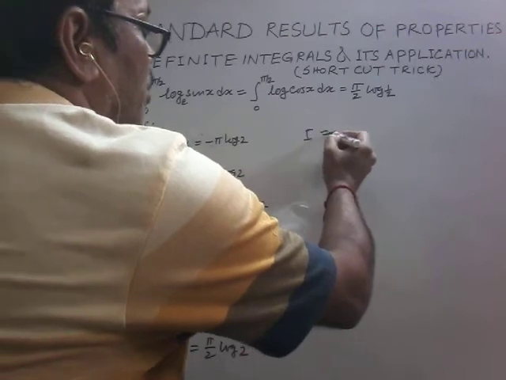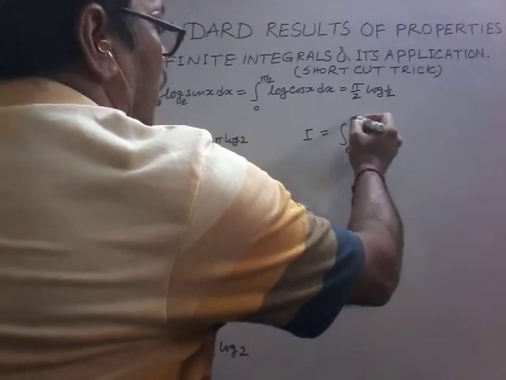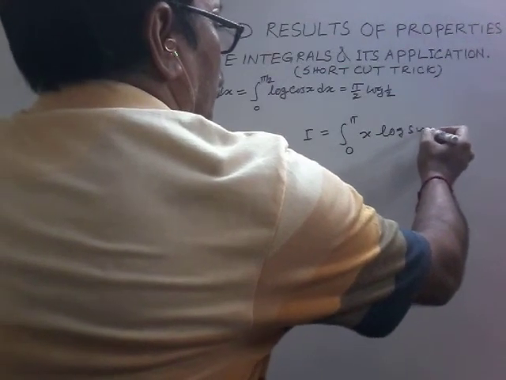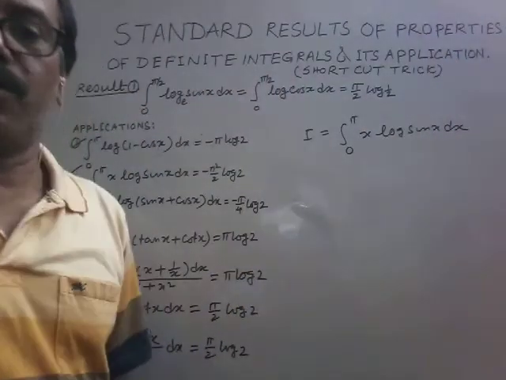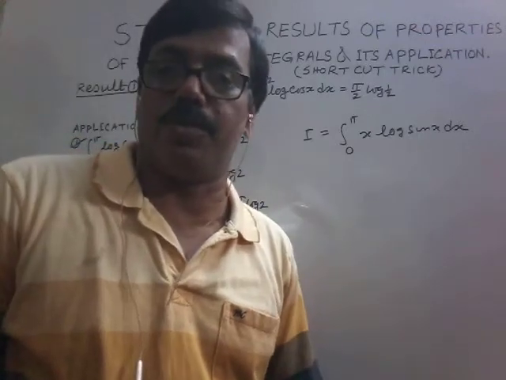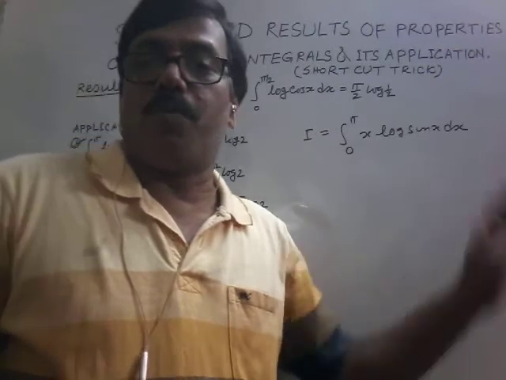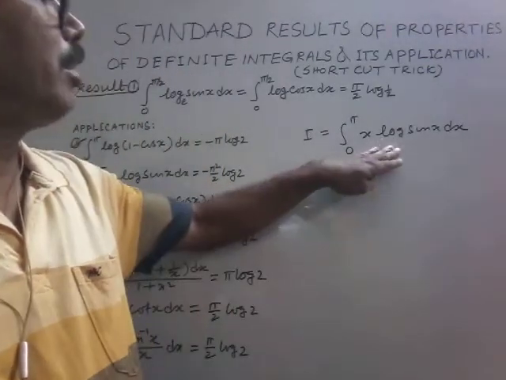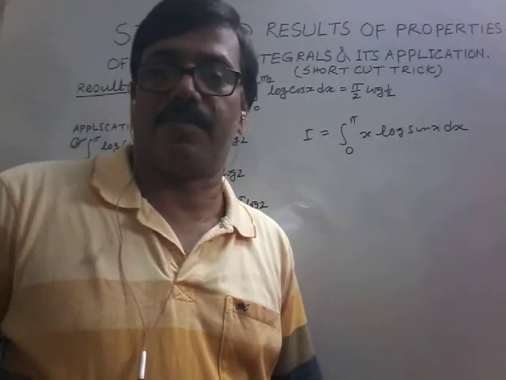We consider this as I, integral 0 to pi of x log sin x dx. If the limit were given as 0 to pi by 2, we would use properties of definite integral; otherwise you may think it is a problem of integration by parts.